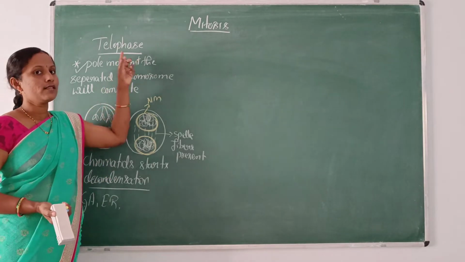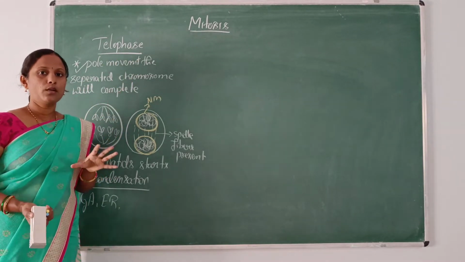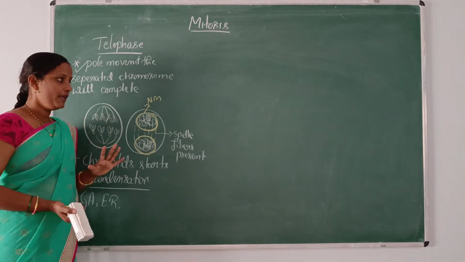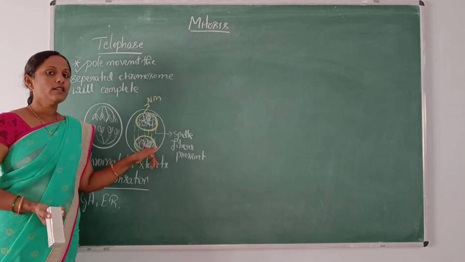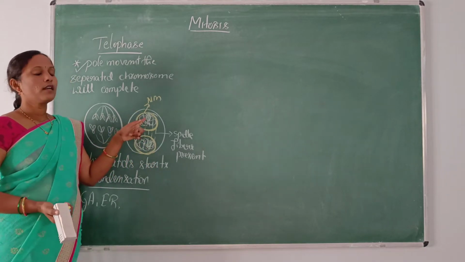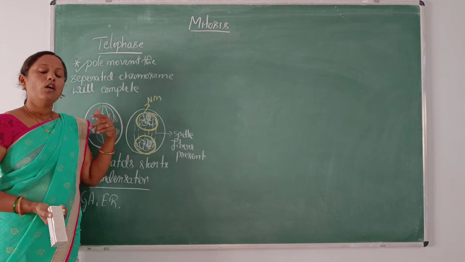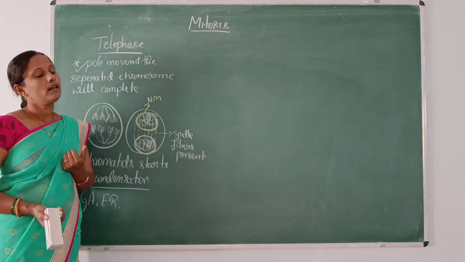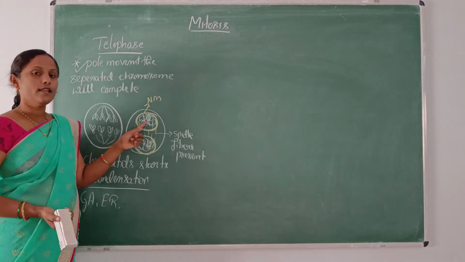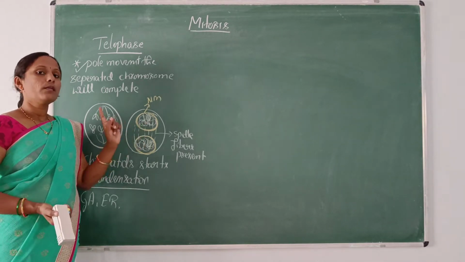In the telophase, the poleward movement of the separated sets of chromosomes is completed, and after reaching the poles, the chromosomes lose their integrity and undergo decondensation. As a result, there is again a formation of chromatin network.